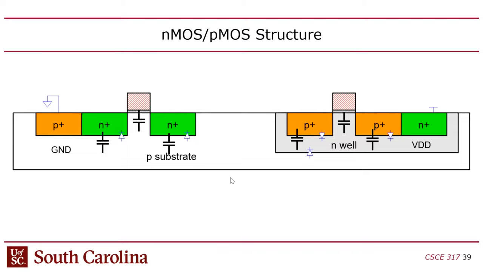Okay, so we come back to this picture of an NFET or nMOS on the left, a PMOS on the right. I mentioned that there's a diode formed between P and N. You can't send current from N to P, because if you have a positive voltage on N versus the P, that will make the diode reverse biased and no current will flow.